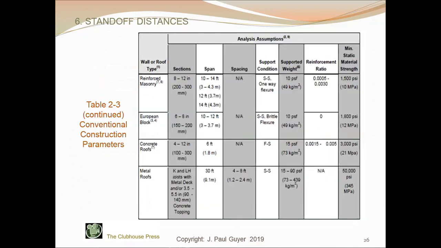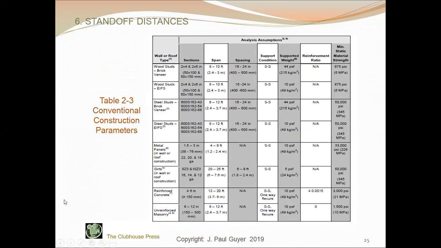And so here you see the wall or roof type identified in column 1: wood studs, steel studs, metal panels, some reinforced concrete, unreinforced masonry, etc., etc.